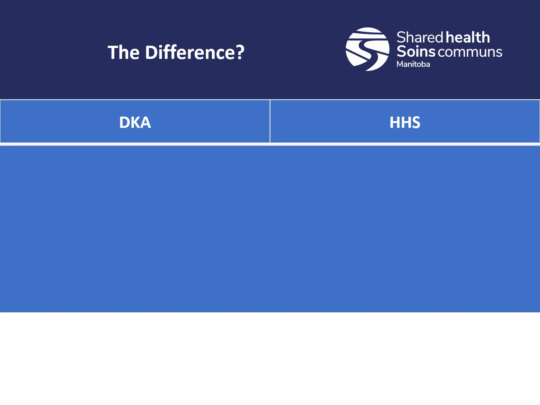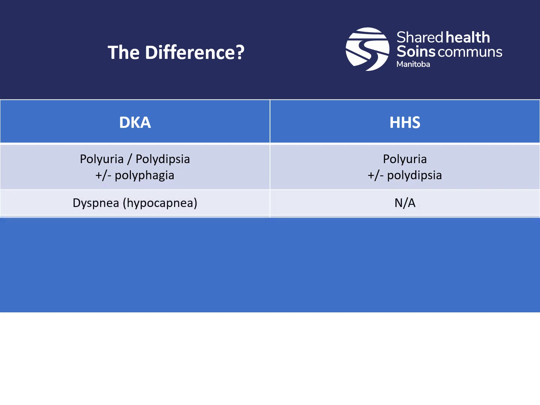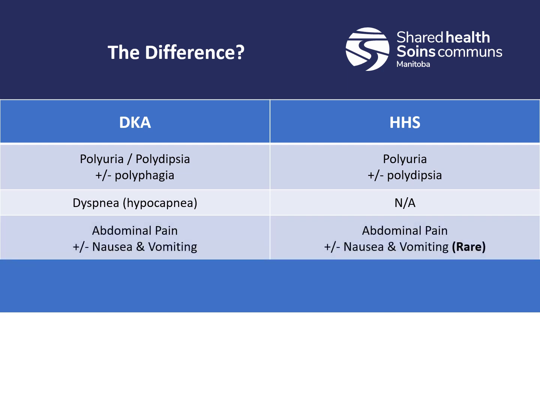Here's a general comparison of signs and symptoms for presenting conditions. Both DKA and HHS can experience polyuria and polydipsia. With DKA, dyspnea or hypocapnia is present. HHS and DKA can have abdominal pain, nausea, vomiting, though it's a little more rare in HHS.